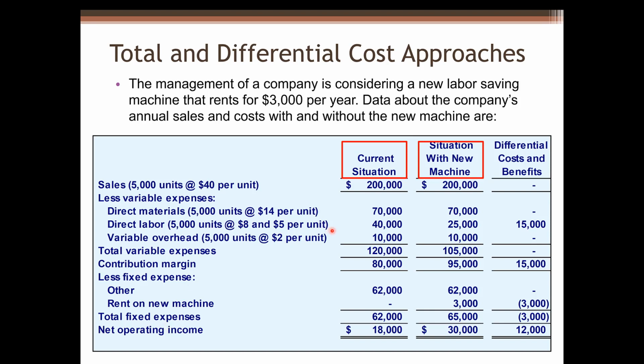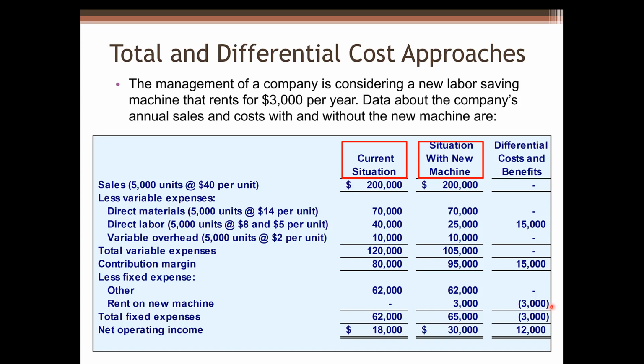Here, with the new machine, direct labor is $5 per unit, compared to $8 without the new machine, saving $3 per unit. So with the new machine, total variable expenses can be saved by $15,000, and this is the differential benefit.